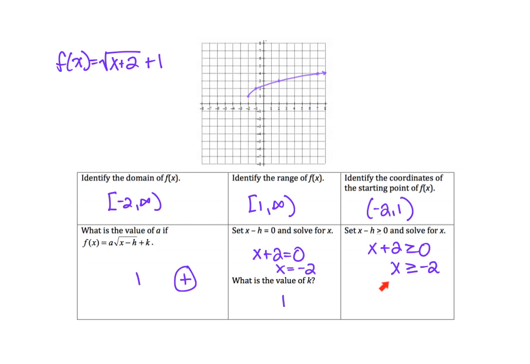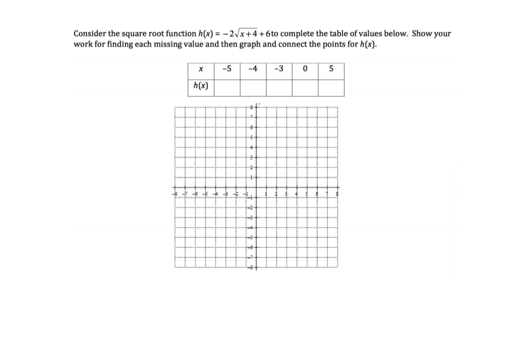And then finally, if I set the radicand greater than or equal to 0, what I can find is the domain of my function, because the radicand has to be positive or 0. So x is greater than or equal to -2 matches the domain of my function.